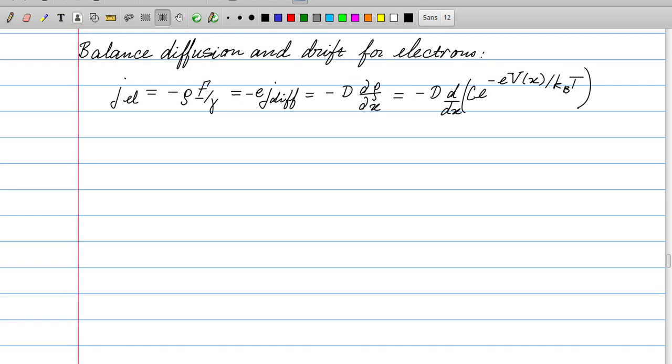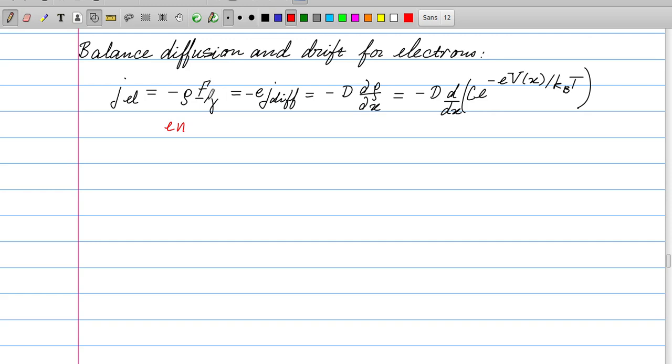It is interesting to apply the Smoluchowski equation to the transport of electrons that are moving in an electric field, for example, inside a conductor. Then the electronic current is given by rho, which is now not the number density, but the charge density, so it's e times n, where n is the number density. So it's minus rho times F over gamma.